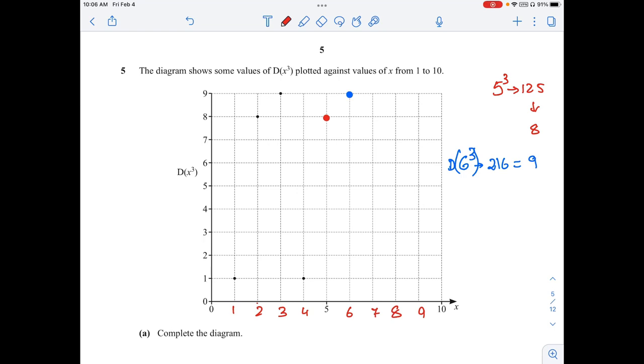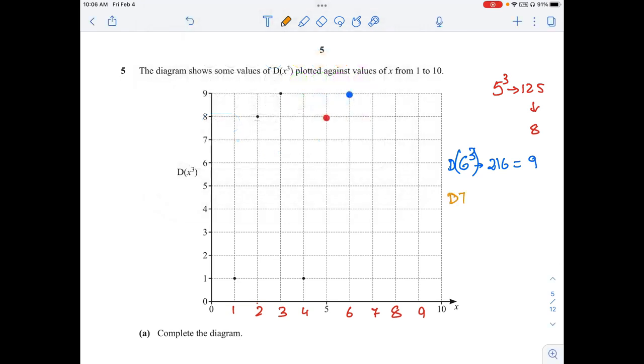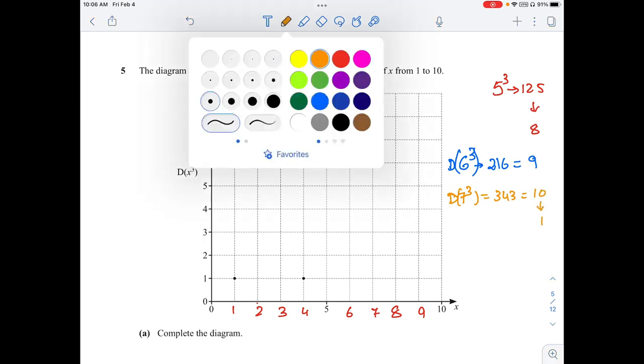Now 7 cube. 7 cube is 343. So digital root of 7 cube is from 343. So it becomes 3 plus 4 is 7, 7 plus 3 is 10, 1 plus 0 is 1. So for 7 it's going to be 1.